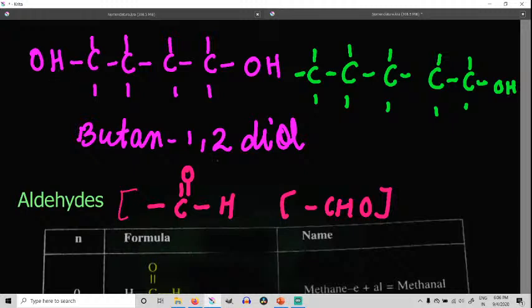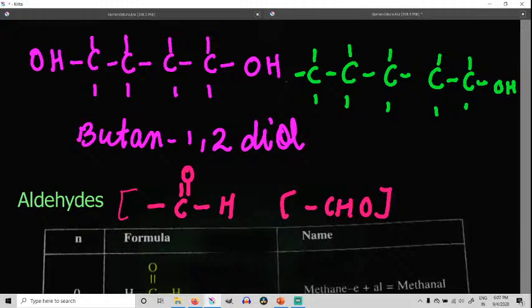Do you think this name is given wrong, or can we say this name is wrong? Yes, this name is wrong. Why? Because we can see one OH group is attached to the first carbon atom and one is attached to the 4th carbon atom. If you start counting from here 1, 2, 3, 4, at one end OH is there and at the other end also OH is attached.